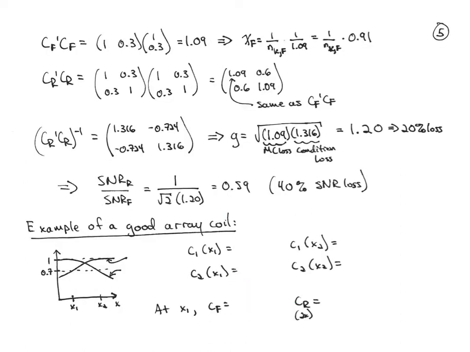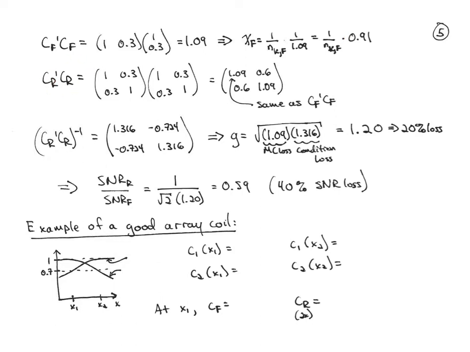We can then plug our sensitivity values into the G factor equation and evaluate everything. For the C_f transpose C_f term, the product of these two sensitivity vectors, considering only spatial location x1, is 1.09. That gives us a noise variance for the fully sampled acquisition of 1 over the number of k-space samples for the fully sampled acquisition times 0.91.